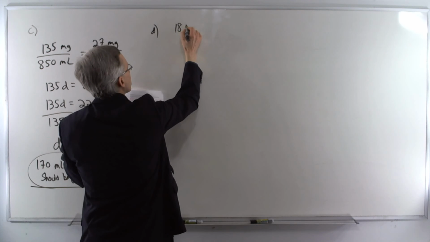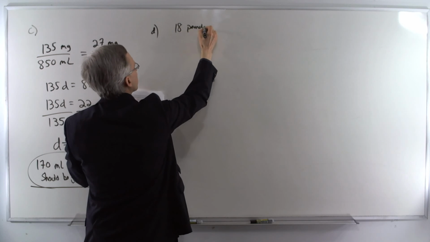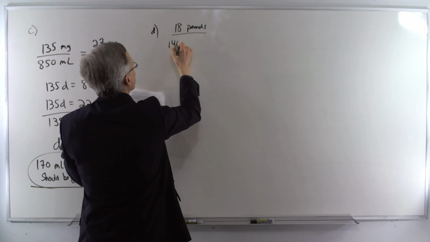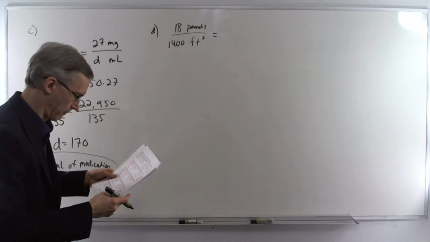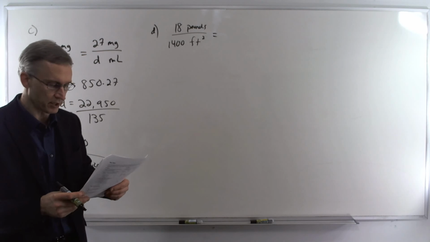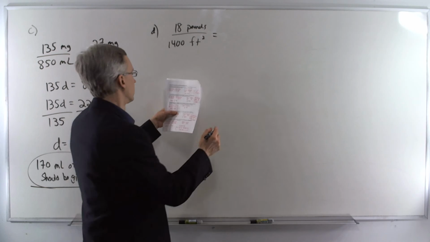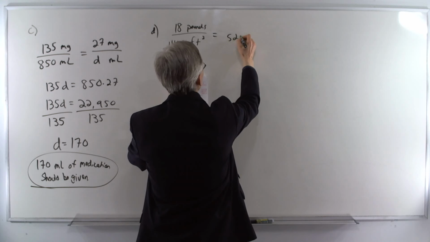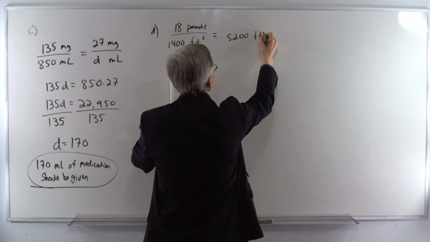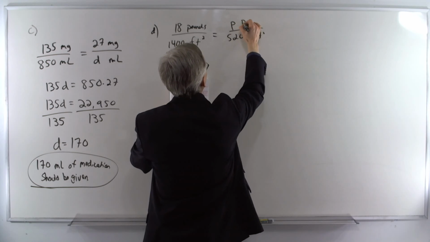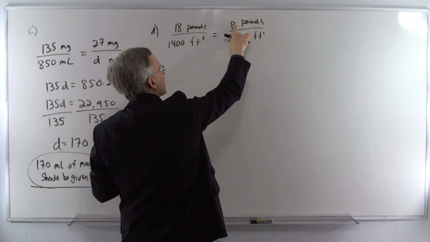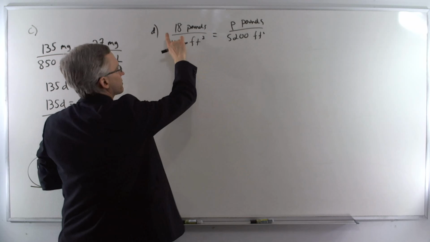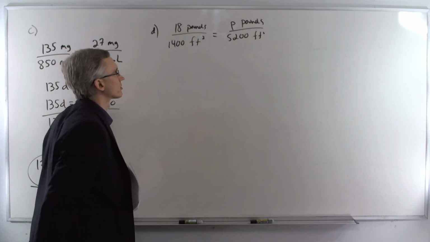It's got 18 pounds on top, 1,400 feet squared on the bottom. And on the other side, the entire lawn now is 5,200 feet squared. And we don't know how much fertilizer we need for the whole lawn, so that's the variable. Now you got pounds on top, square feet on the bottom, so we're set up correctly.